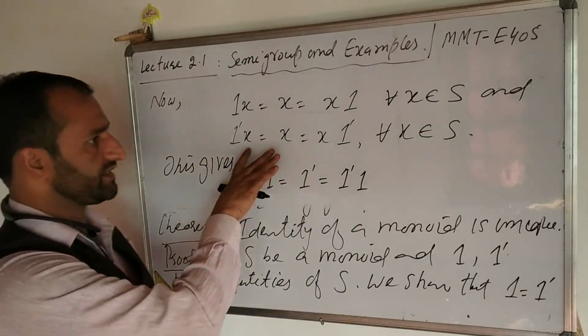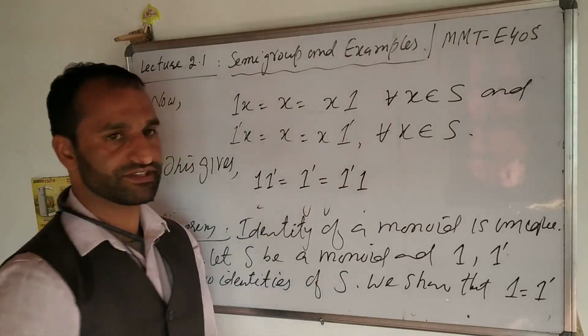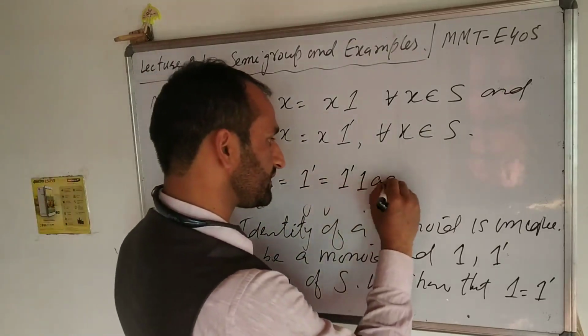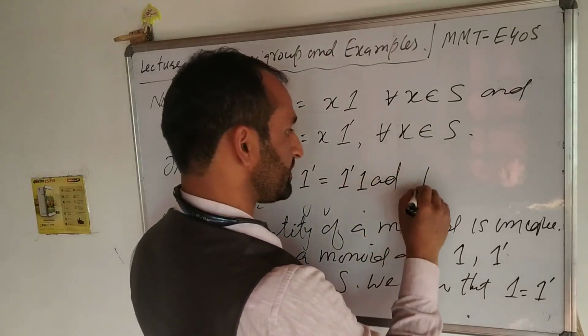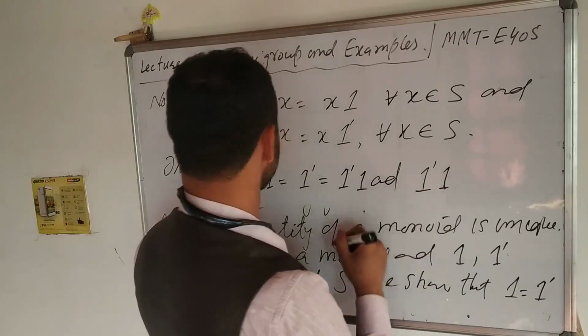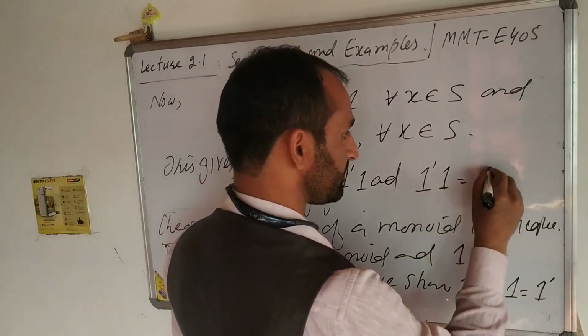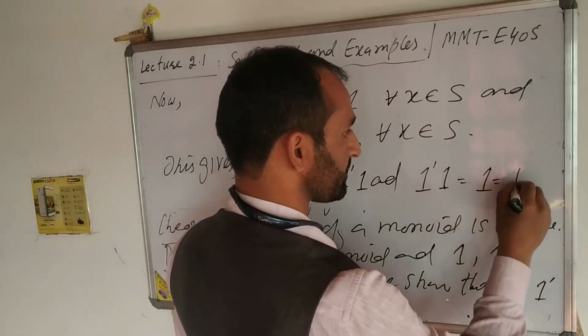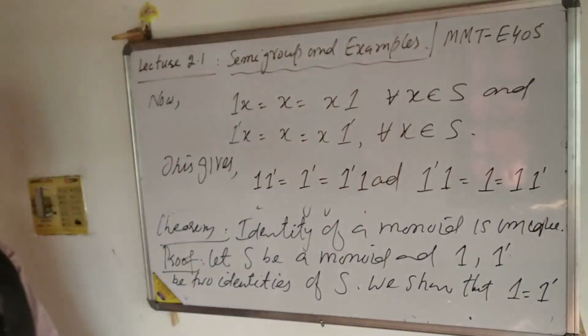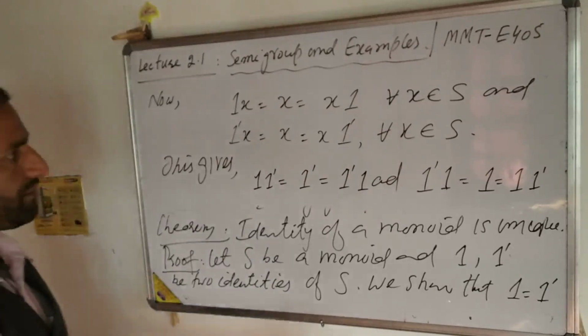And the second is true for each x in S. In particular, it's true for x equal to 1. And this one, 1 dash into 1 is equal to 1, which is equal to 1 into 1 dash. So let's compare these two.